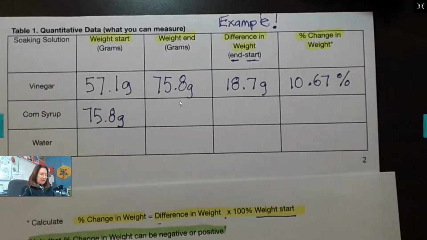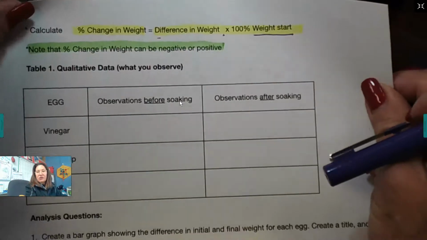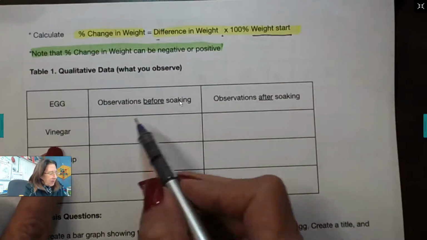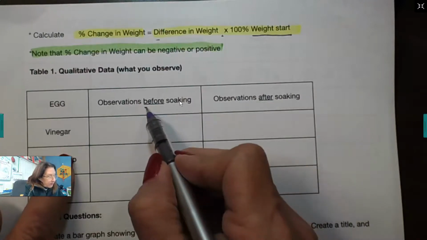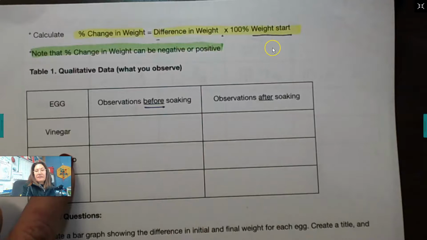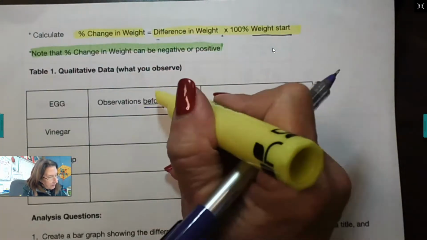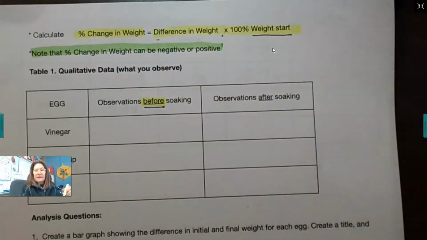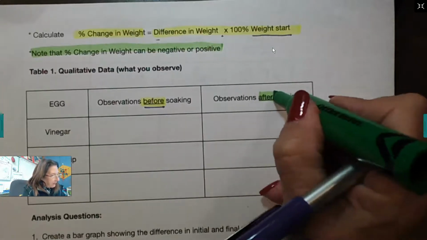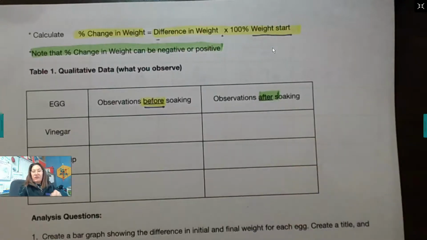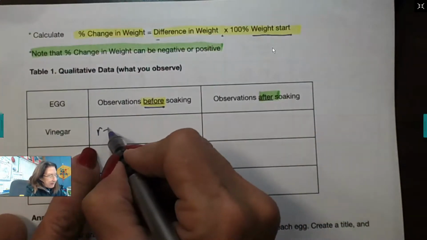Alrighty. Also, I don't want you guys to forget below here, you are supposed to be doing observations like before soaking. So let me just highlight this. So we're doing it before and then again after. So before putting it in the vinegar, it was a regular egg.